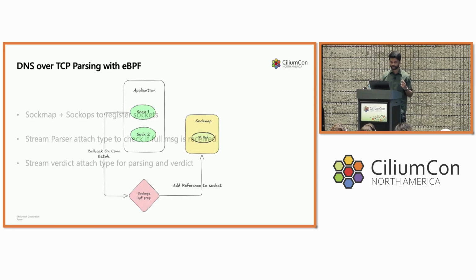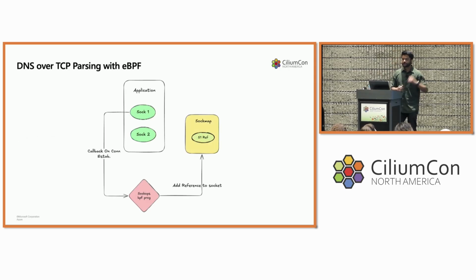We use a combination of sock map and sockops to register and collect the sockets. Actually, let's go to the diagram. What we're trying to do is, if your client switches to TCP, how would you still capture the response? Soon after your application tries to make that DNS over TCP request, you would have a connection established.